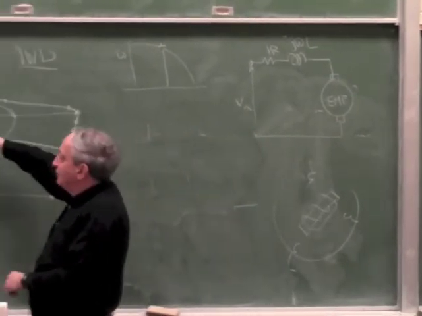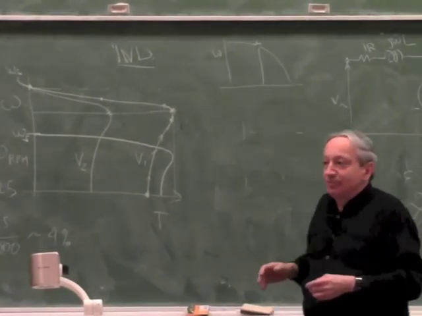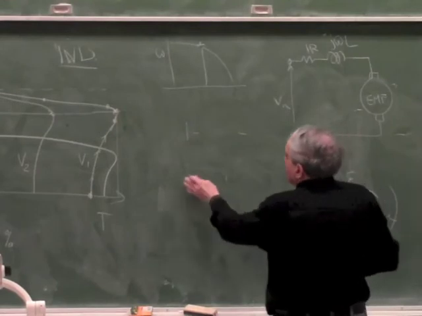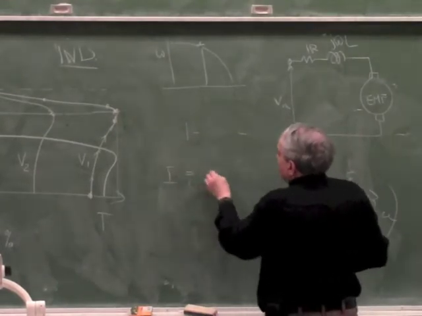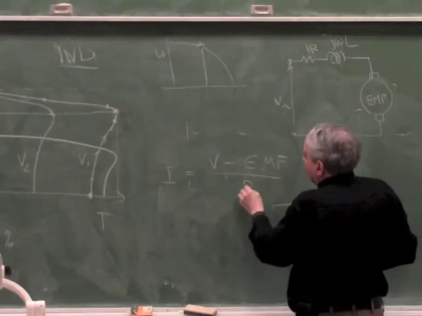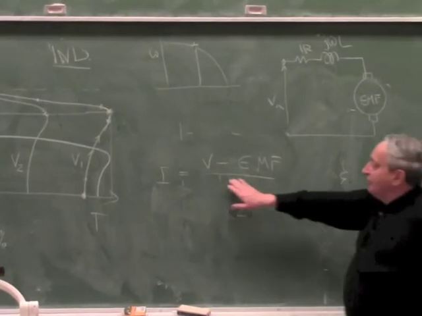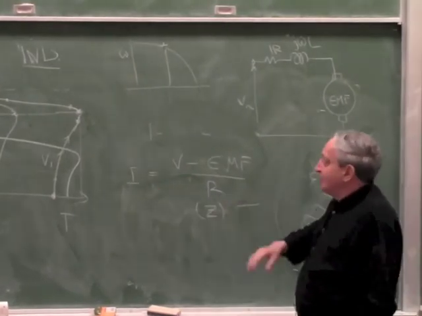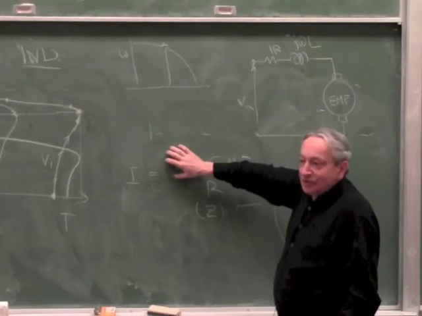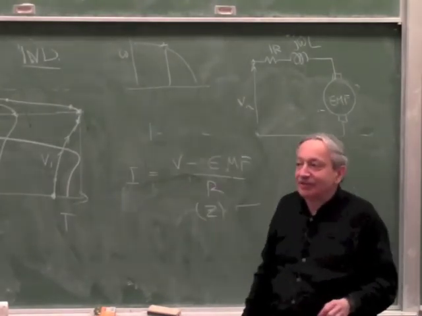If I go to half the omega, I have to roughly half the voltage, because the EMF will also be half. So back to I equals V minus EMF divided by R, or maybe divided by Z in a more complex model. So if I half the speed, the EMF is half, so I also have to lower the voltage to get the same current, because the motor is limited by current.